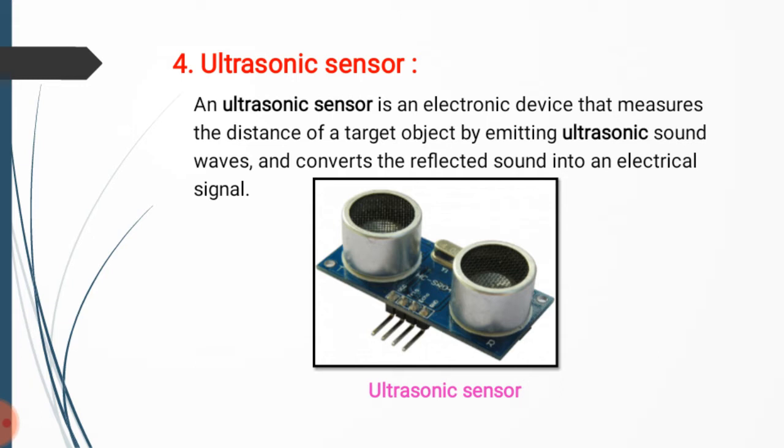The transmitter transmits the ultrasonic sound waves, and if there is an object, there is a reflection from that object, and the reflected waves are converted into an electrical signal with the help of the receiver.